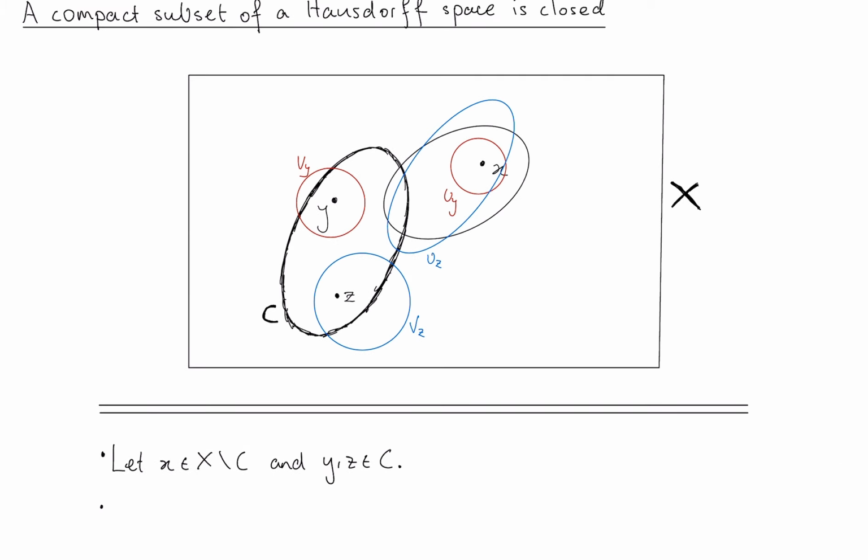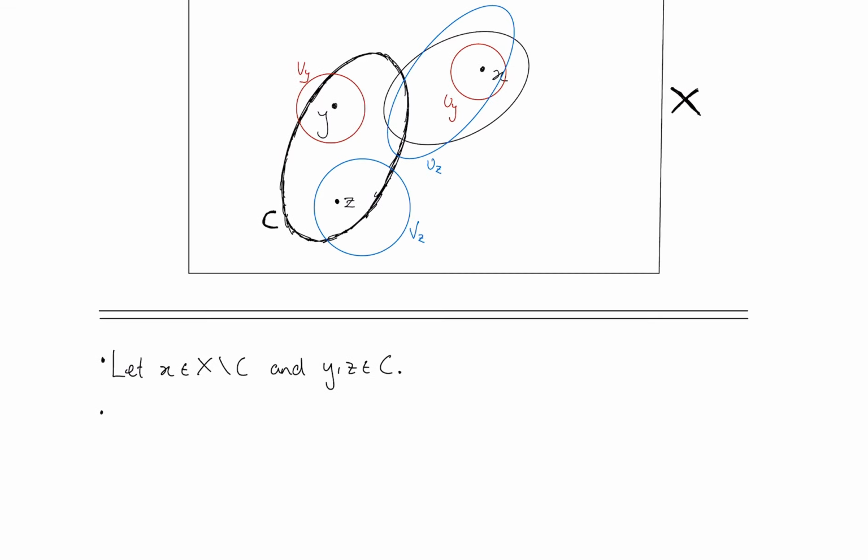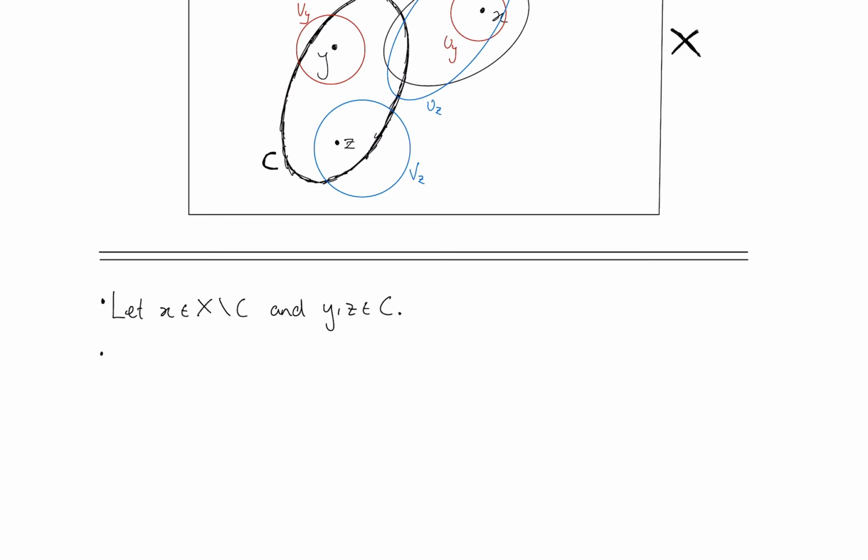If we take two arbitrary points in the space, we can find disjoint open neighborhoods around each of those two points. So let's write this down. X is a Hausdorff space, meaning X and Y have disjoint open neighborhoods.